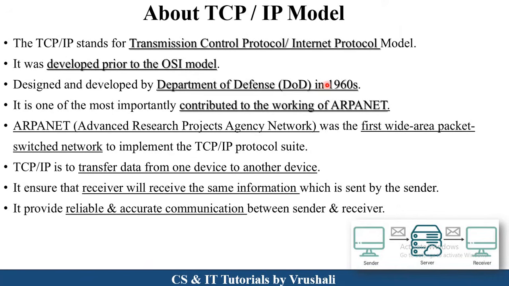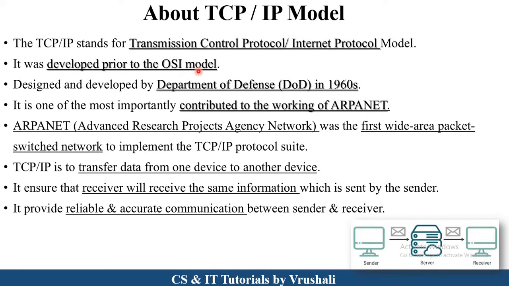Now, the first point is what exactly is the TCP/IP model. TCP stands for Transmission Control Protocol and IP stands for Internet Protocol. This model was developed by the Department of Defense in 1960. Basically, the TCP/IP model is an older version of the OSI model.